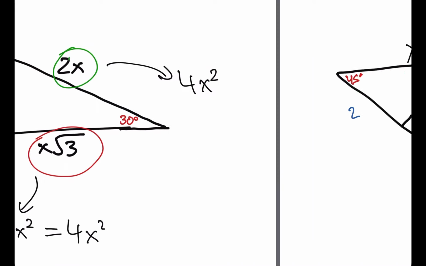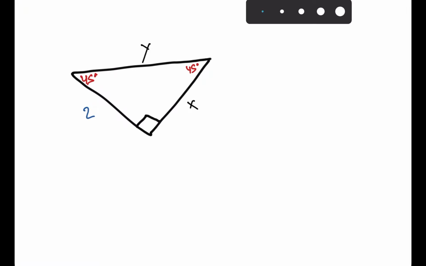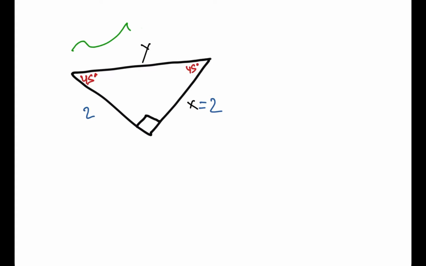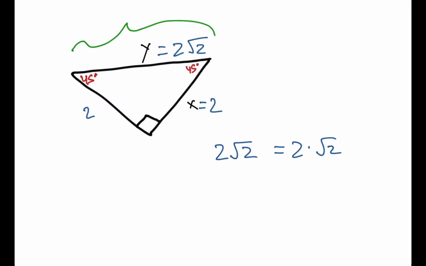We can apply the same thing to this problem, and we can find out that x is equal to 2. Now it's really simple. You just need to multiply your side lengths by root 2 to find the hypotenuse. 2 times root 2 is just 2 root 2. So therefore y is equal to 2 root 2. There, we have just solved this triangle.